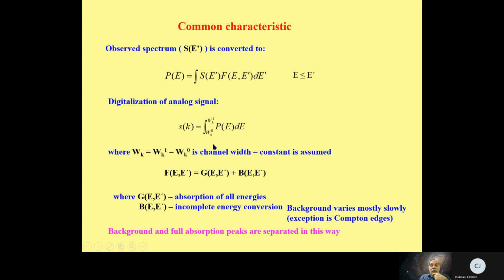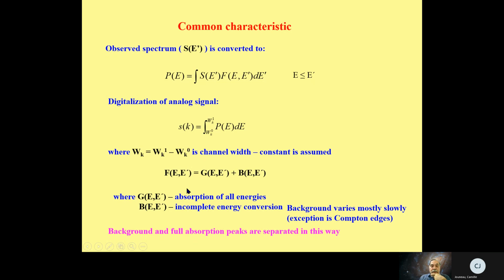That means we will have these different channels, and from energies it is transferred to channels. The whole spectrum and also this response function it's possible to divide into two parts.